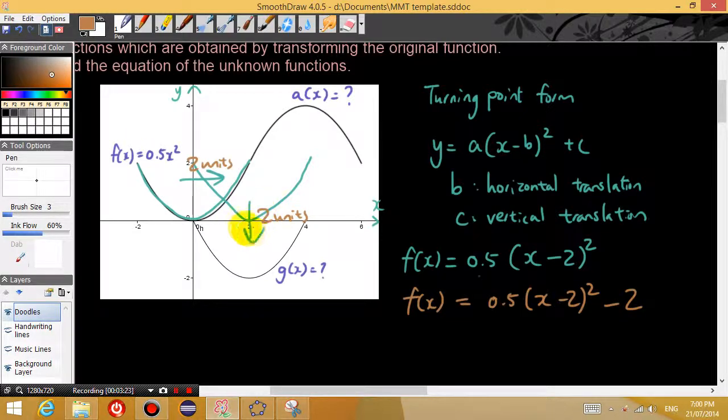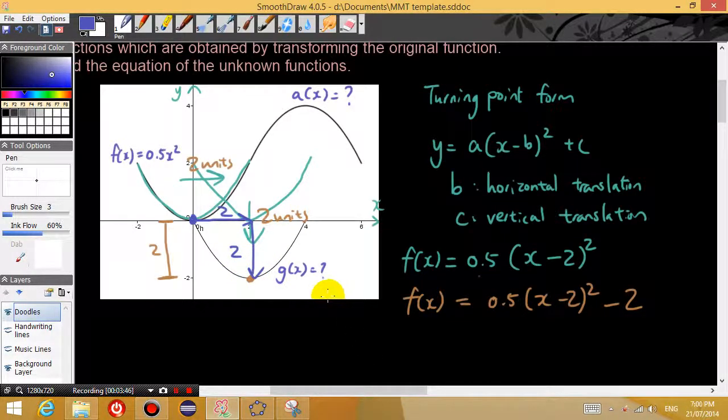That will move it 2 units down and get to here, right? Because the distance from here to here is 2. So we've moved it from our original turning point, which is at (0, 0). We move it to the right 2 units, and then we move it down 2 units.